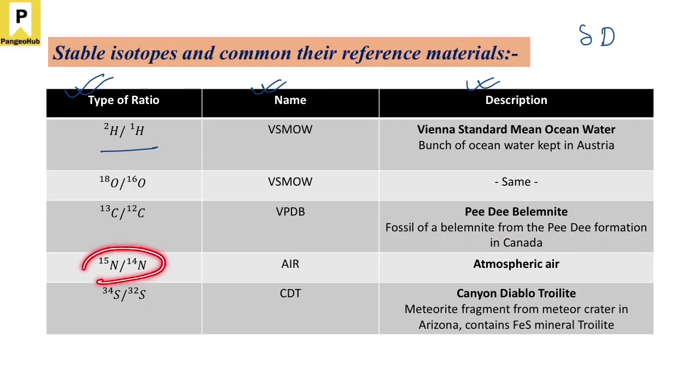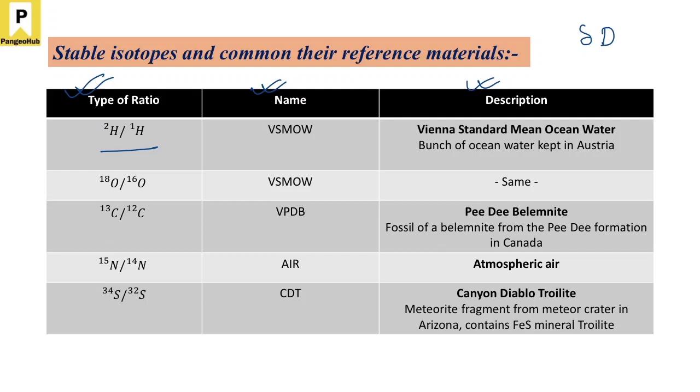Then there is nitrogen, which is expressed as 15N divided by 14N. The standard name is air. Air is nothing but the atmospheric air. So atmospheric air is the reference material for nitrogen, whereas PD belemnite is the reference material for carbon, as well as in some cases oxygen. We'll see why. And then there is 34S divided by 32S.